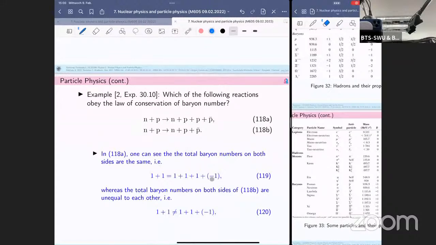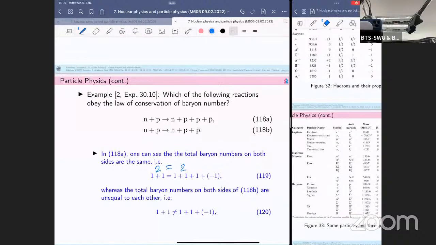So we write down -1 here, and you make the summation. You can see that on the left-hand side you get 2, and you also get 2 on the right-hand side, so both are equal to each other. We can conclude that the baryon number before the reaction and after the reaction are the same. It means this process could take place in nature. So, what should we do then?